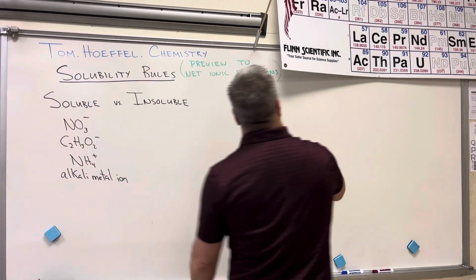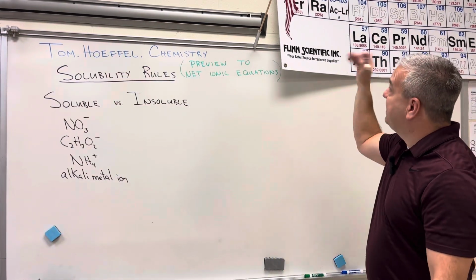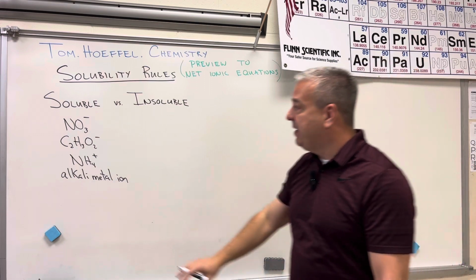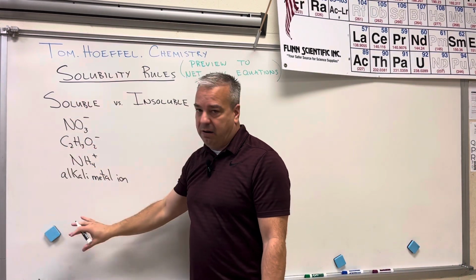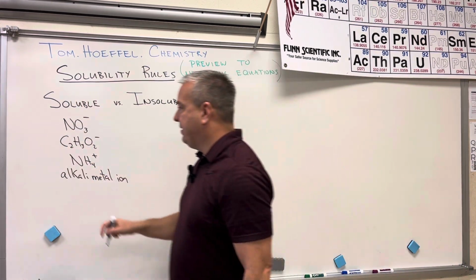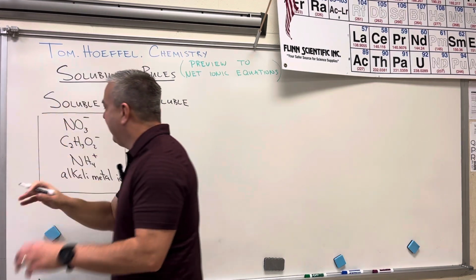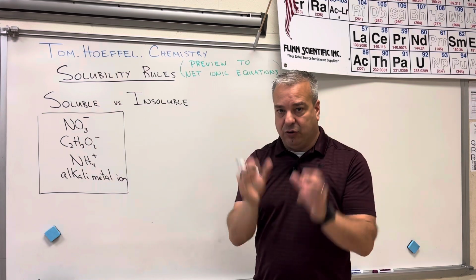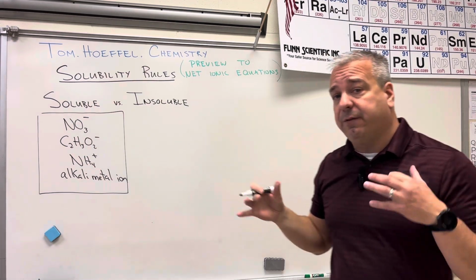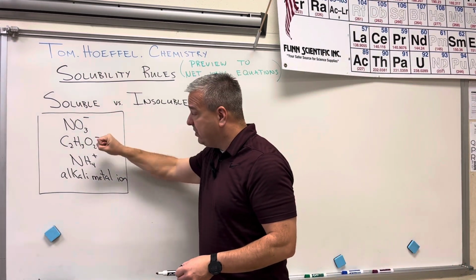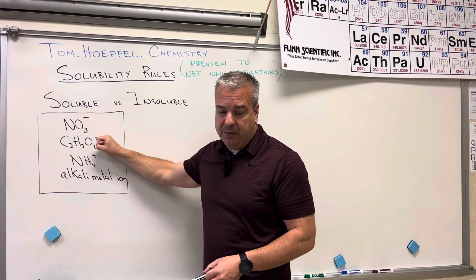So we're talking about lithium, sodium, potassium, rubidium, and cesium. If any of those things are in the compound, it's going to be soluble, which means it's going to dissolve in water. So I call this group the trump cards. And you could get really far in chemistry with just knowing this one solubility rule.